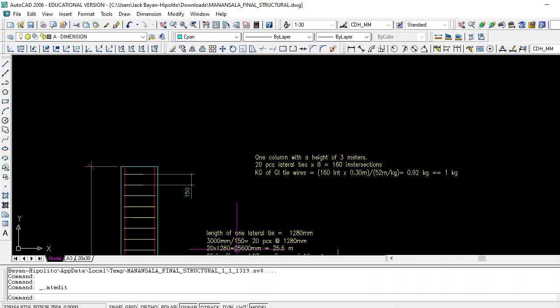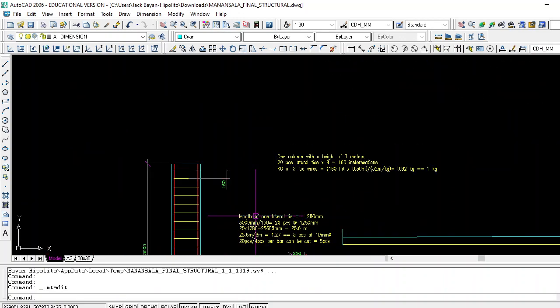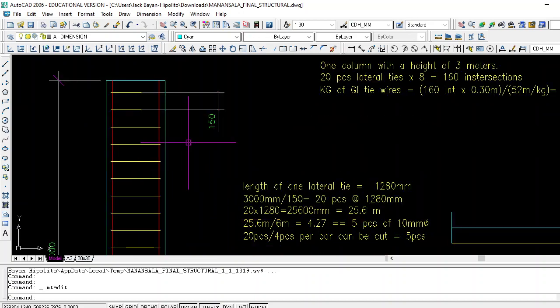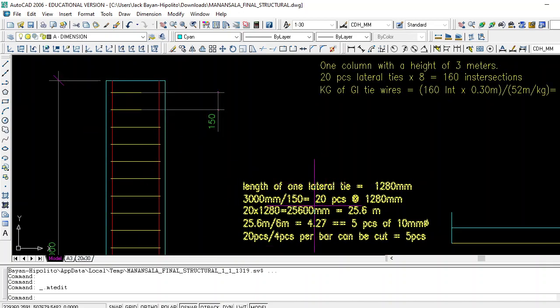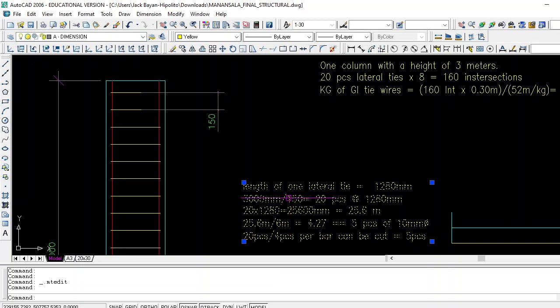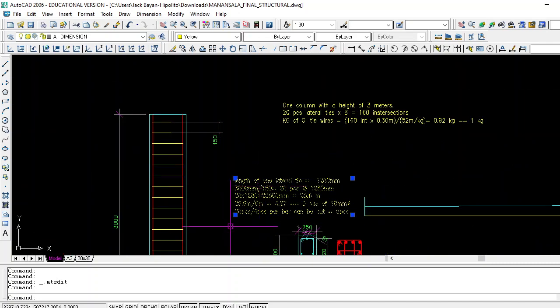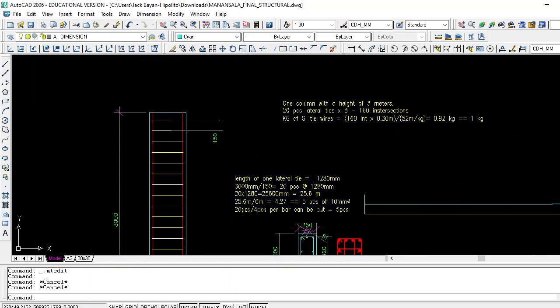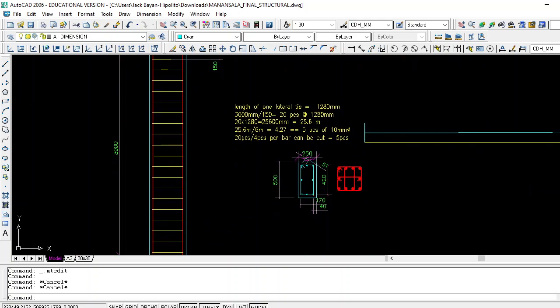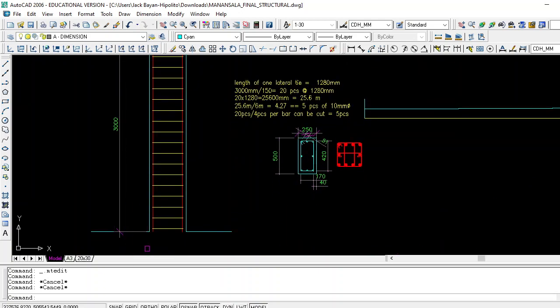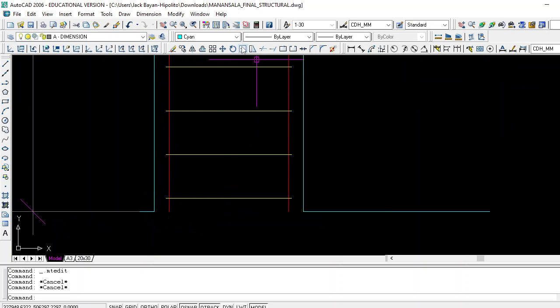Okay, then I mentioned to you na when you estimate your lateral ties, I gave you a dimension of 150 as its spacing. Okay? So, in cases that there are lateral ties that will be spaced at 50 mm, for example, ito, lalagyan ng additional bar.